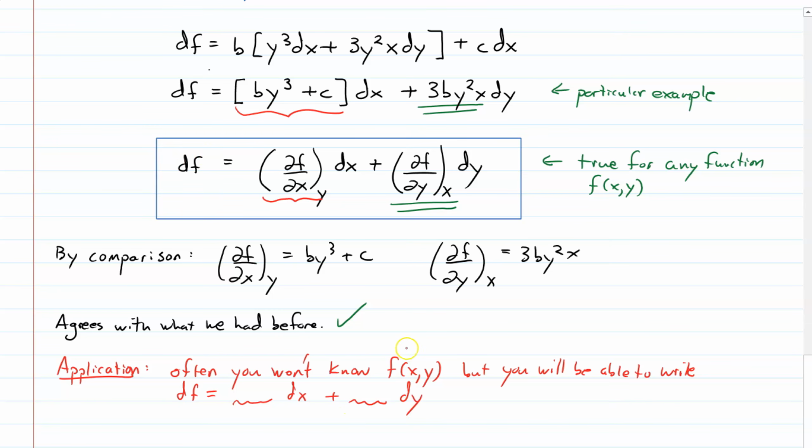So if I don't know f of x and y, I won't be able to actually calculate those derivatives the normal way. But by looking at this relationship, I will be able to determine those partial derivatives. And that's the technique that I'm trying to get across here.